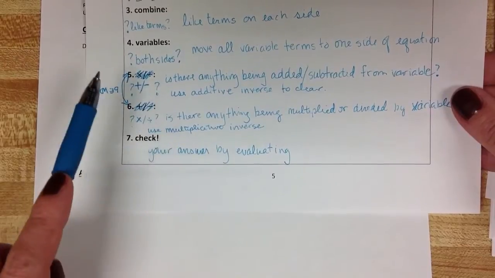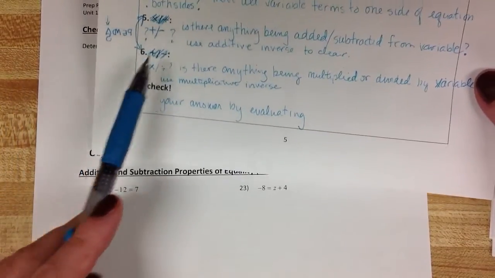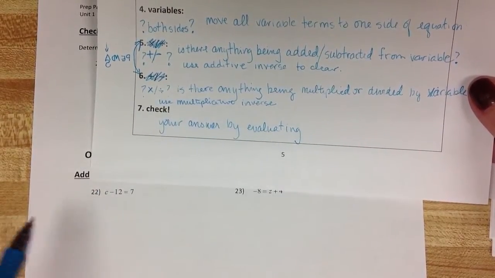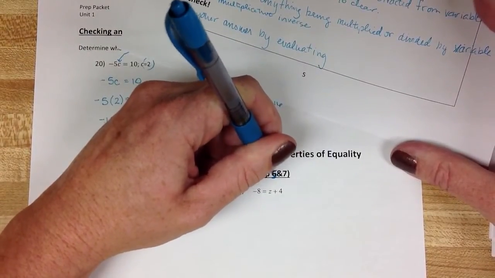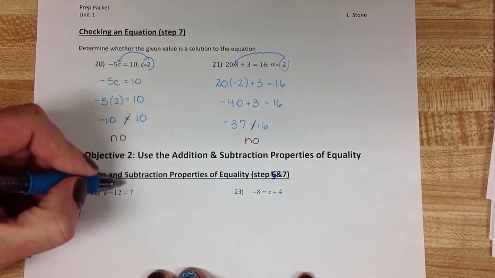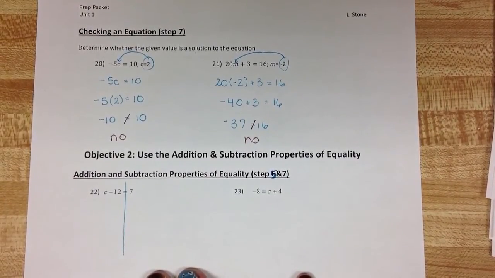Step 6 said to ask yourself, is there anything being added, subtracted, multiplied, or divided that you need to get rid of? Actually, I need to change that to a 5, because it looks like we're doing addition and subtraction first. In this equation, on the left side I have the expression c minus 12, and on the right side I have the expression 7.